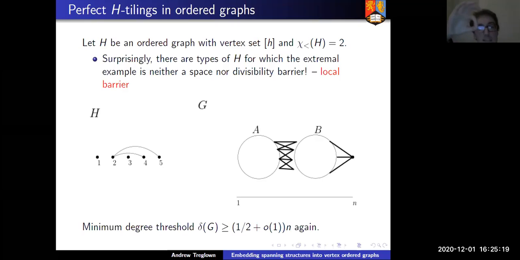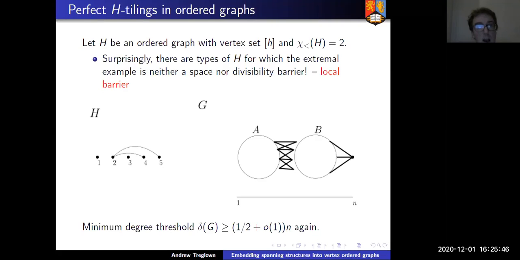But then there's no edge inside of B, so there's no vertex to play the role of 4. So if you're trying to find a copy of H, n plays the role of 5, but then you can't find the edge to 4 that you're looking for. This is why we call it a local barrier, because this local obstruction is stopping us from having a perfect H tiling.